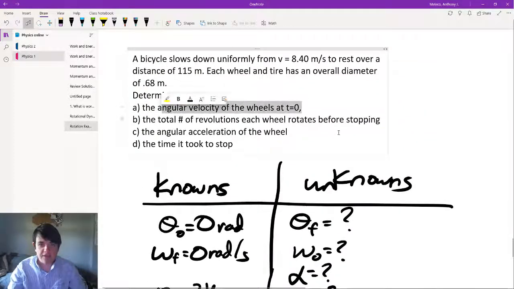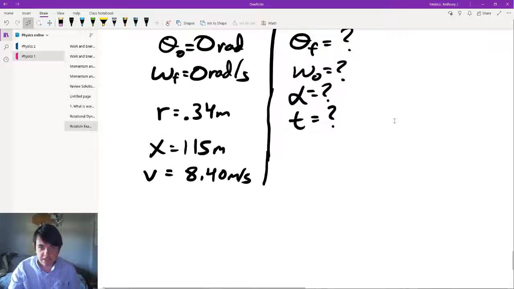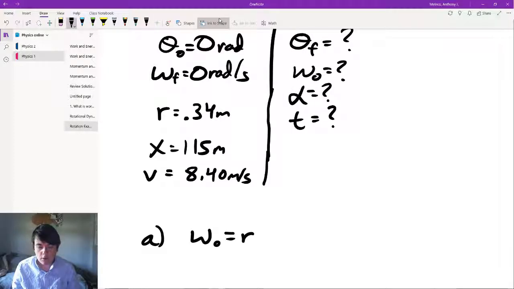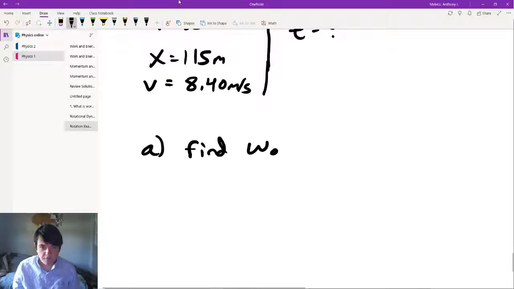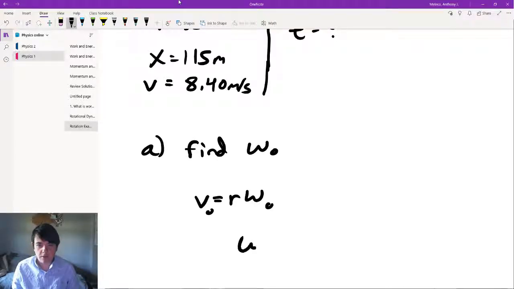So we need the angular velocity of the wheels at t equals 0. So part A here, we need omega 0, and that can be v over r. So the relationship here: v initial equals r omega initial. Since we need omega, it would be the initial linear velocity over the radius.